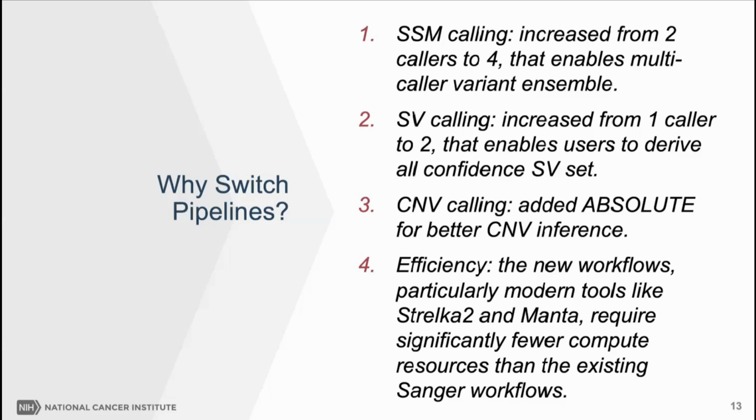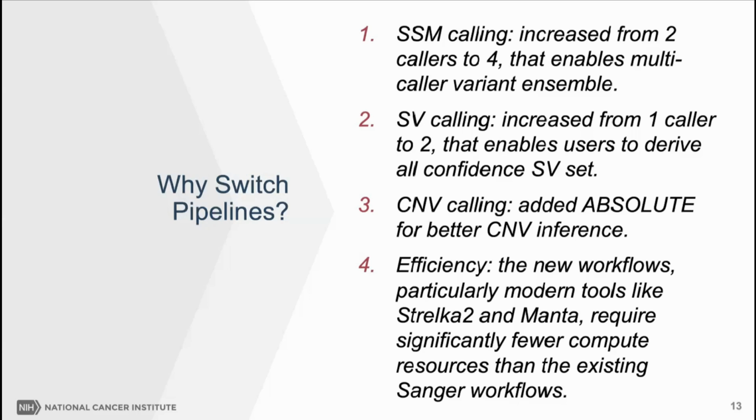And finally, I think a very important factor that triggered our pipeline revamping is the compute efficiency. The previous Sanger pipelines required a massive amount of compute power, which made scaling to the full GDC whole genome data set a real challenge for us.